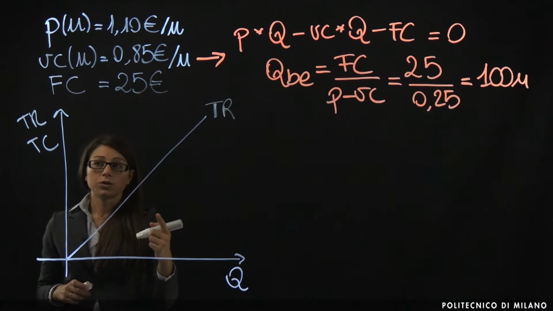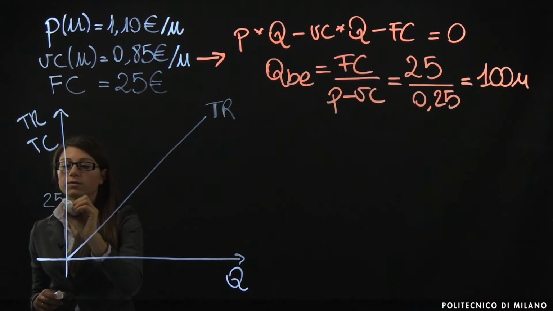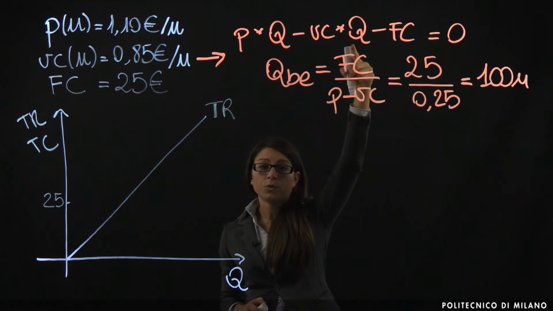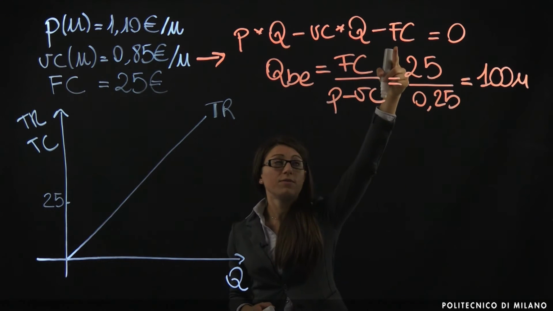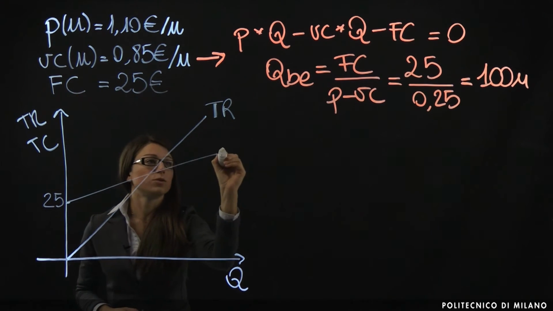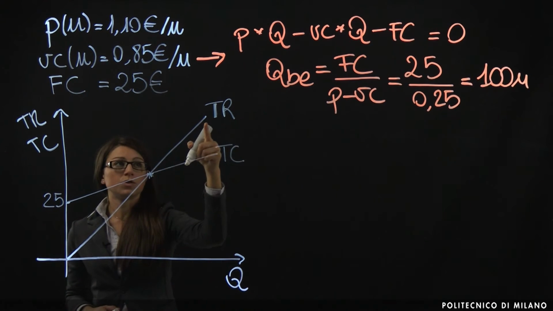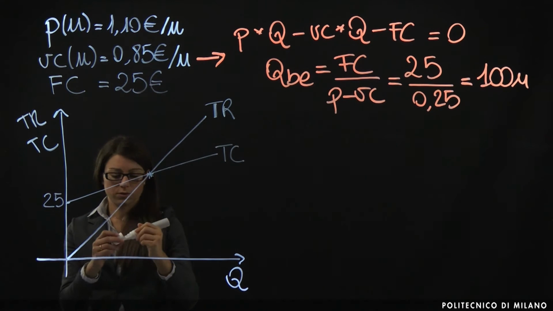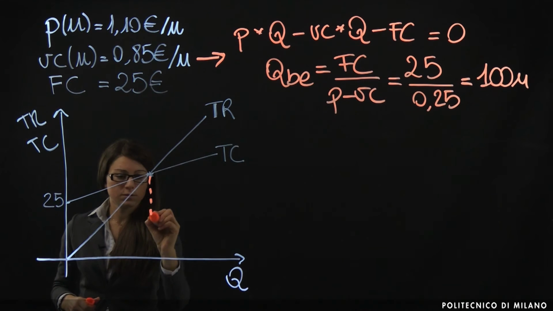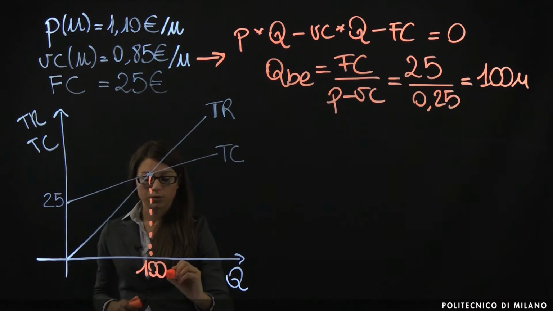Then we can also plot the total costs, and the starting point of the total cost curve is 25, because even though the company produces and sells 0 units, we will have a fixed cost of 25. So the starting point is here, and then we have the total cost curve. This point is the point in which total revenues equal total costs. This quantity is 100 units, and this is exactly the quantity to break even.